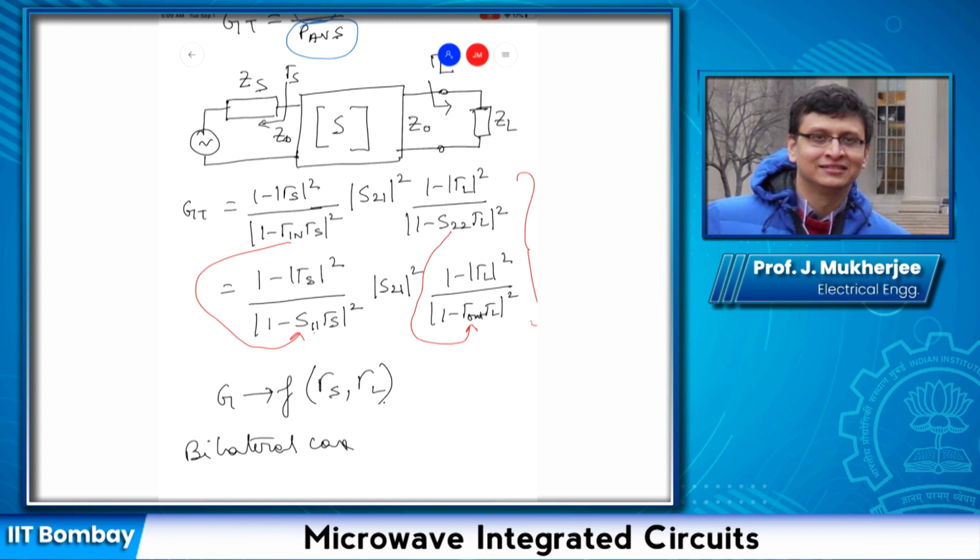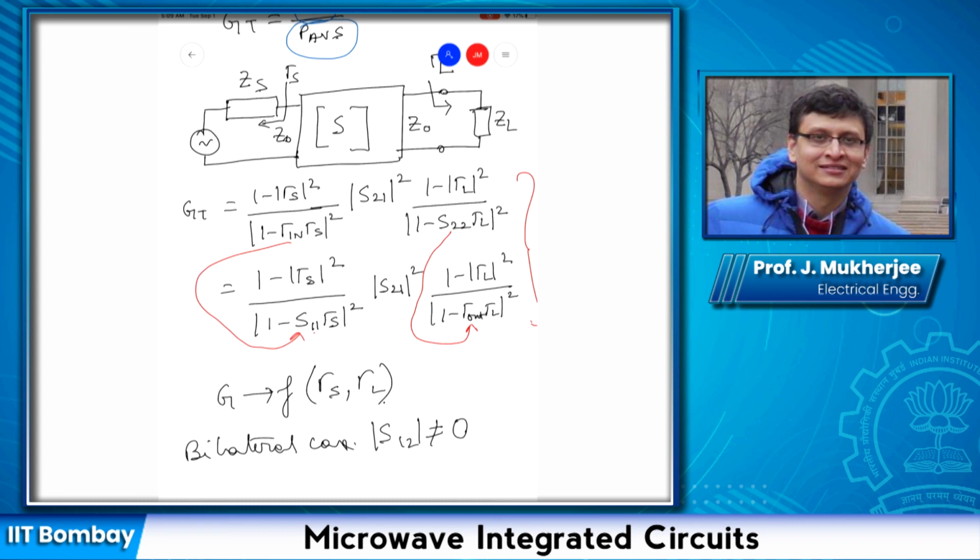Bilateral case means this S12 is not equal to 0. Why is S12 equal to 0 significant? That case is significant, I'll tell you in a moment. But for the bilateral case, S12 need not be 0.